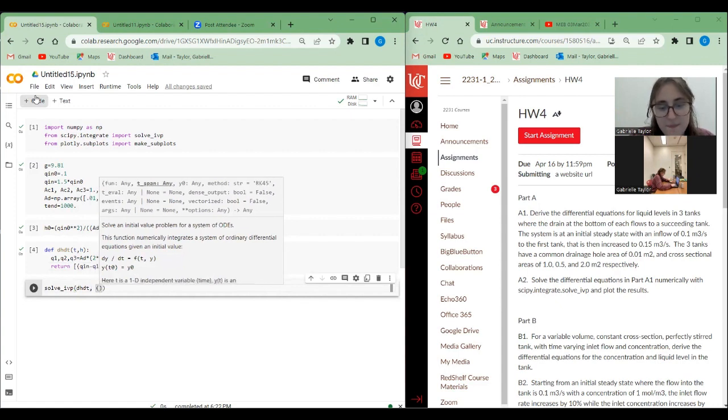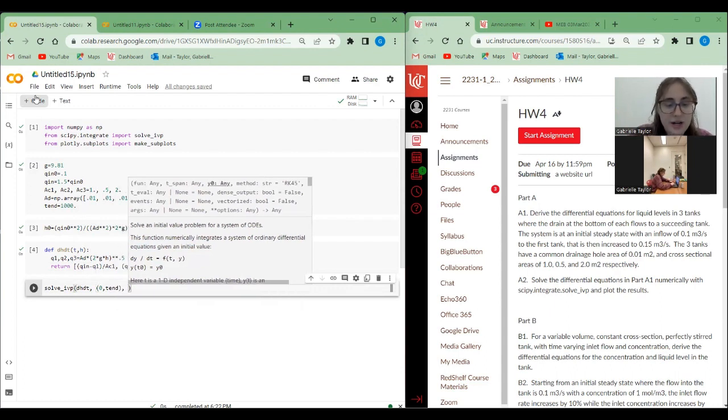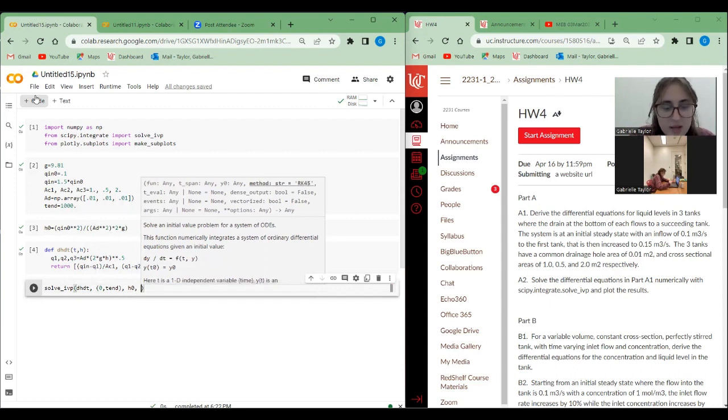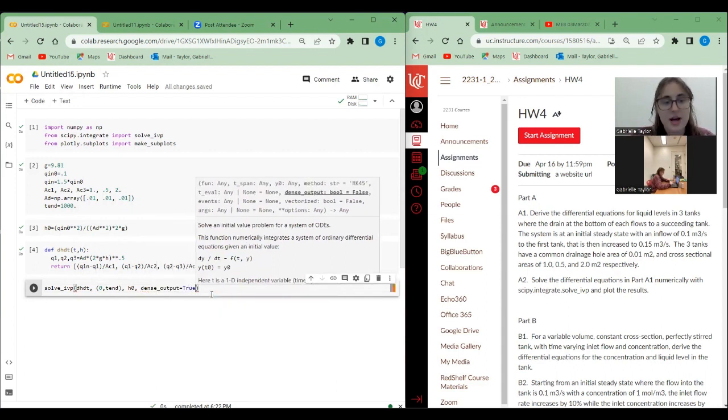Then it's from 0 for our time to the end time that we specified. Then we need our initial height, H0. And then we need dense output, which has to be true because we want this to be specified at different times.